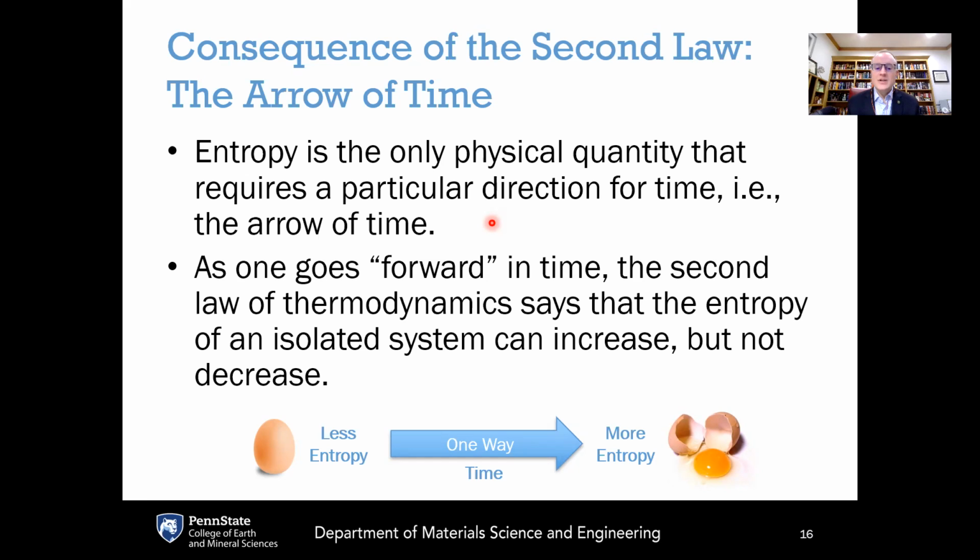That is because the number of ways that the atoms could coordinate their motion to spontaneously produce an ice cube at room temperature in liquid water, the number of ways to do that is overwhelmingly small compared to the number of ways of not making the ice cube.